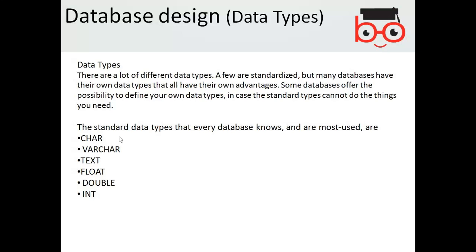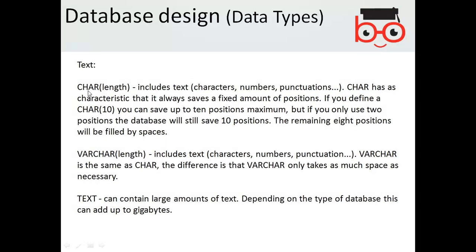When you say alphanumeric, it is alphanumeric. So character, varchar, text, float, double, integer. Now text has a particular length, particular type. Varchar has a particular length. Text has a particular length.